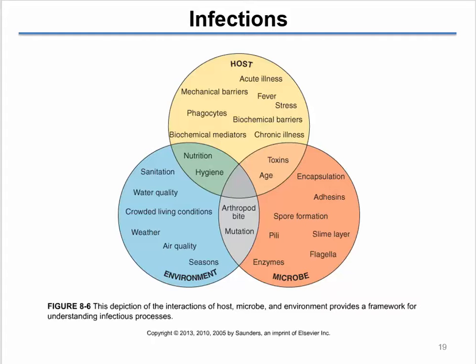So an old immunocompromised person with poor nutrition and poor hygiene, living in crowded conditions in mosquito environments where the right type of mosquito makes them susceptible to malaria, which is the microbe. Those things all come into play, and each one of these things is something to address to try and prevent infection.